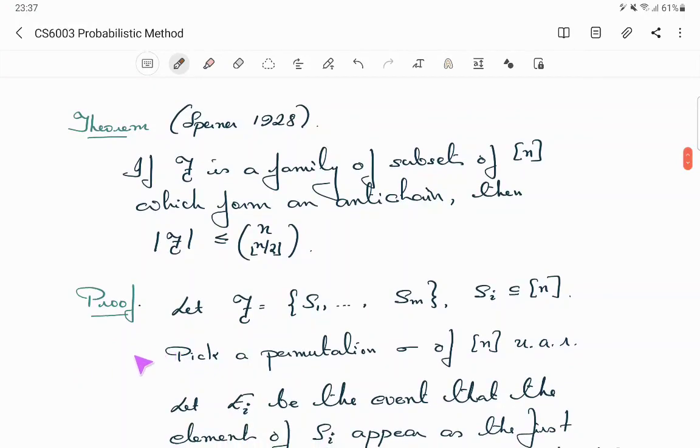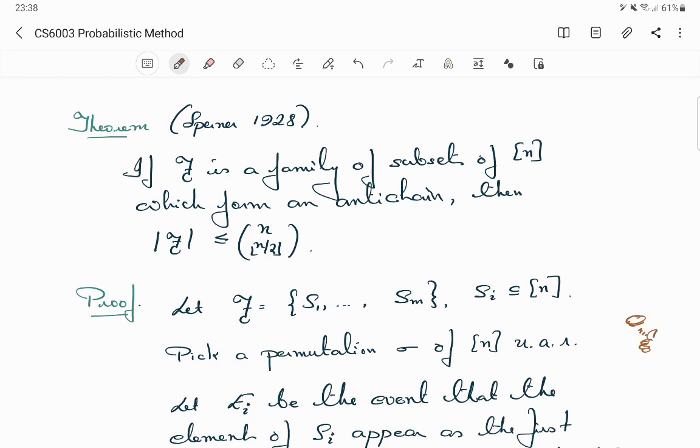Now this is the coin tossing part. But this time you cannot do it with a single coin toss. We are going to pick a permutation of the numbers 1 to n uniformly at random. What does uniformly at random here mean?